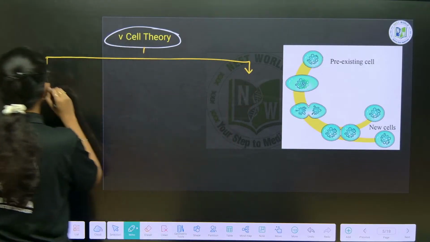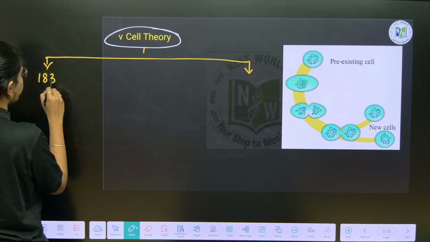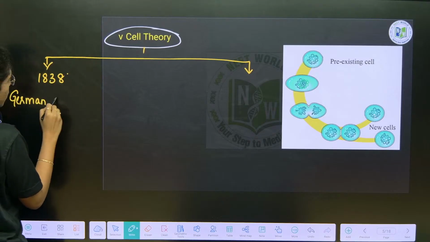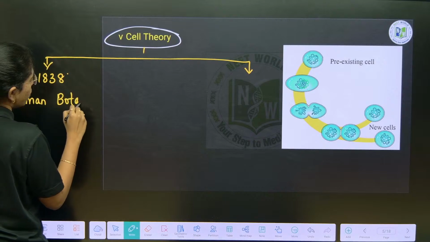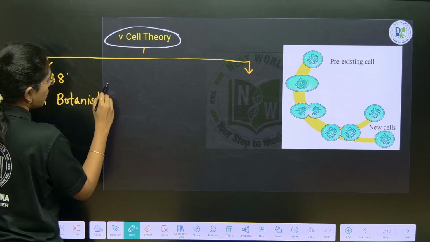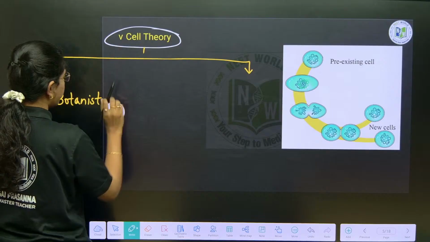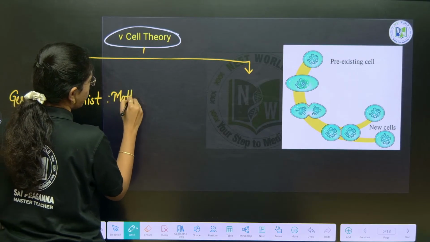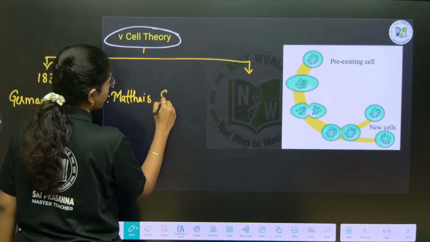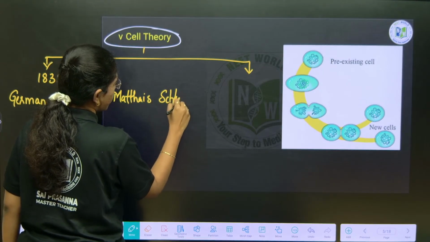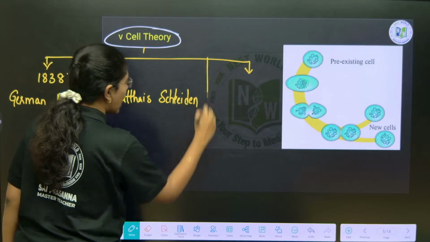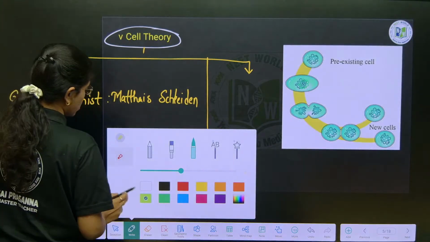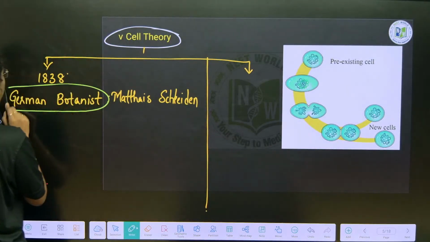In the year 1838, the German botanist, whose name is Matthias Schleiden, proposed one point by observing all the plant cells.